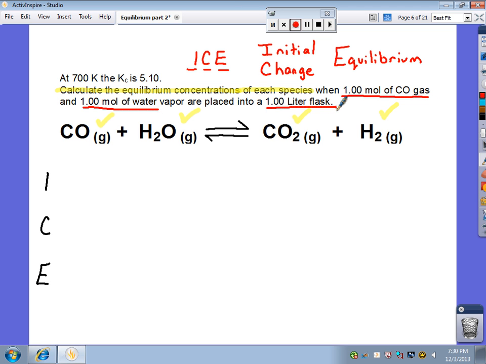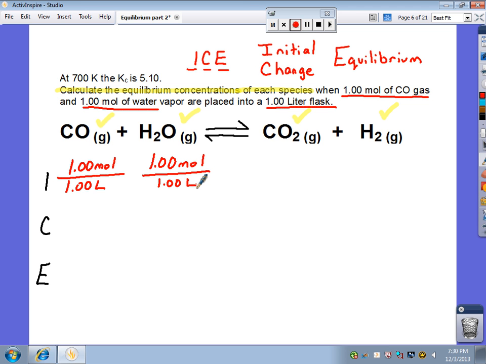Now, what we need to do is deal with molarity. Okay? So I know when I have this, I don't have any equilibrium concentrations, and so that's how I know I'm doing an ICE problem. I know that I have 1.00 moles of carbon monoxide in a 1-liter flask. I also know that I have 1.00 moles of water vapor, that's water gas, in a 1.00 liter flask.